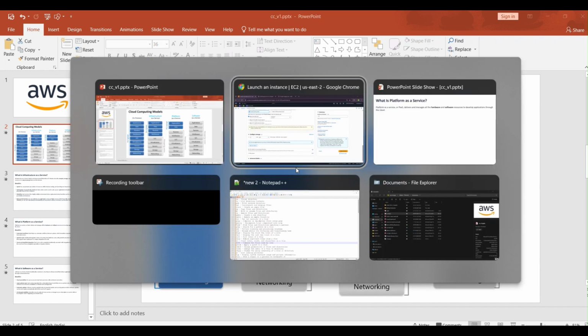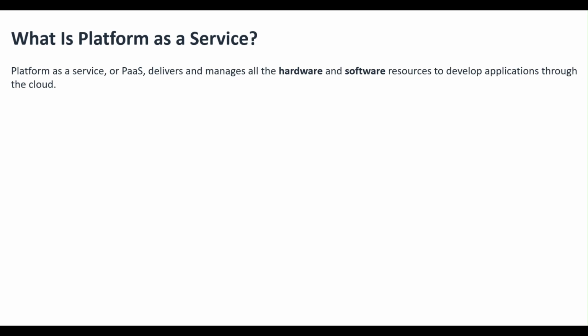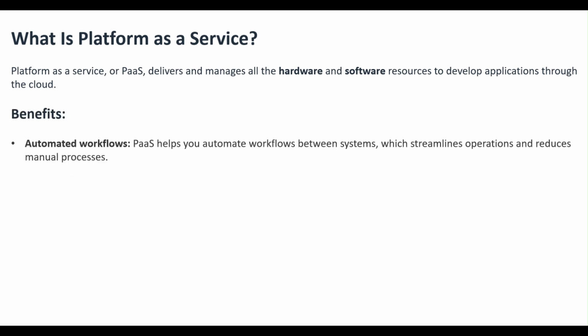You can create the database, integrate it with your application, and use it. That's a simple process. What are the benefits? Automated workflows. PaaS helps you automate workflows between systems, which streamlines operations and reduces manual processes.